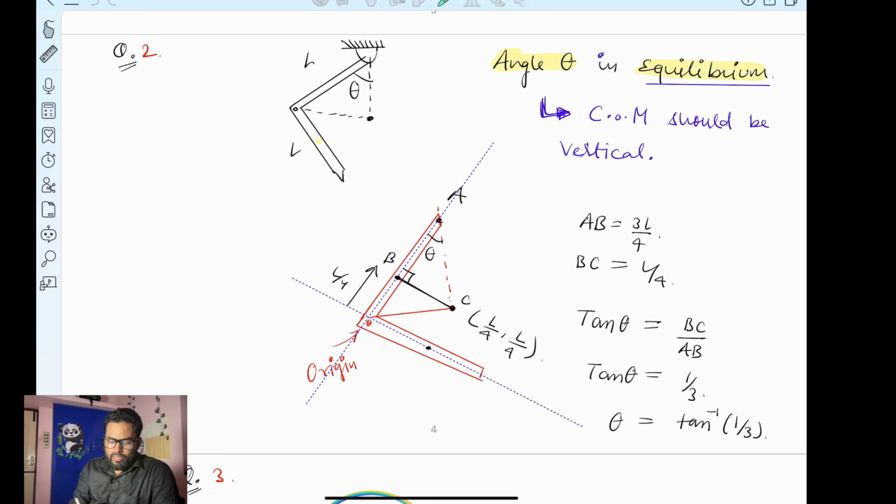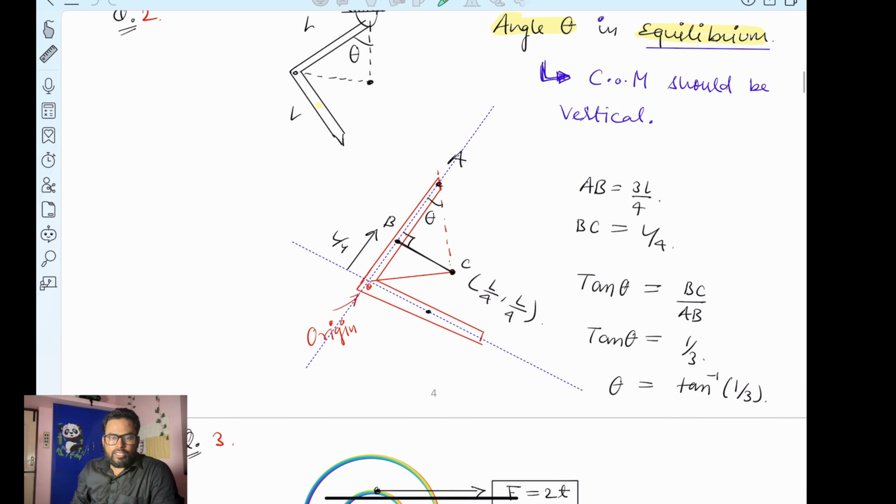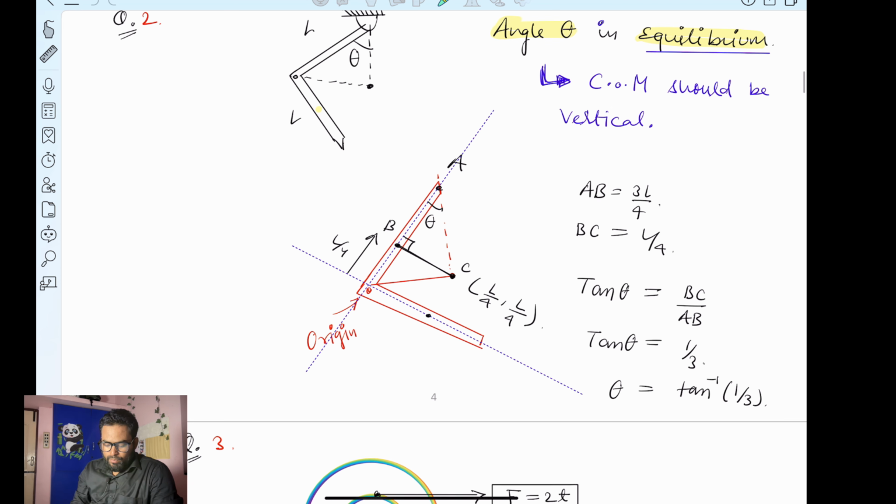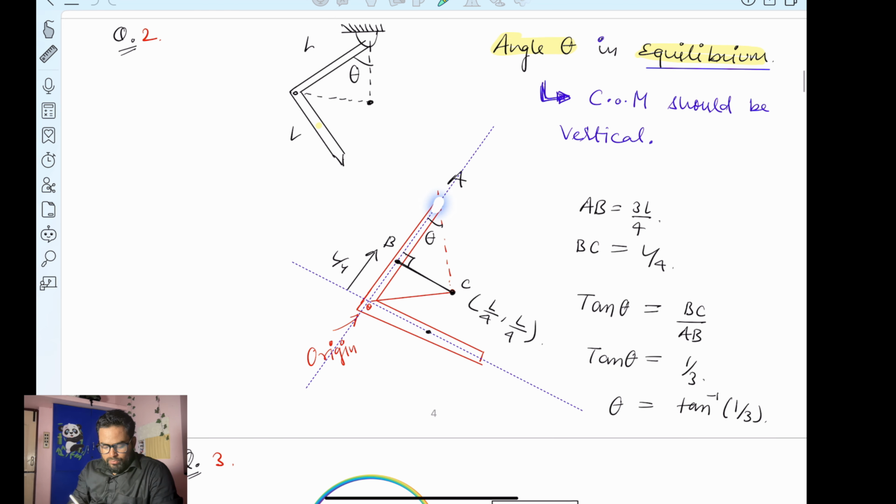In the equilibrium condition, what we have to remember is that the center of mass should be vertical. If the center of mass is vertically below the hanging point, then it would be in equilibrium. I've drawn the diagram here. This is the hanging point, and vertically below somewhere here would be the center of mass.